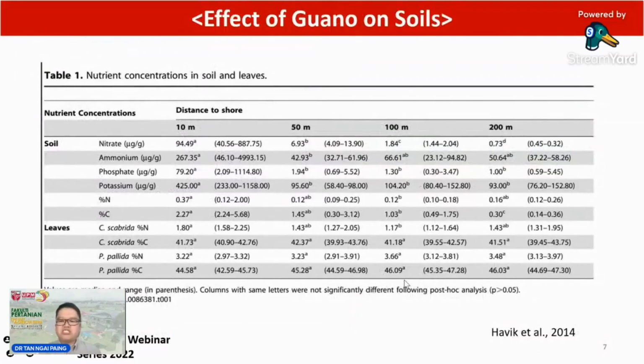This is some of the research that I've found, looking at the effect of guano on soil. If you look at the soil, you can look at the nitrate, ammonium, phosphate, and potassium. These are some of the important elements required for plants to grow.